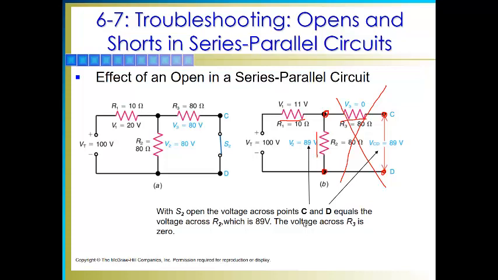Our next exam is going to cover chapters 4, 5, and 6. So please make sure that you do the assignments in the same order. Do chapter 4 first, then chapter 5, and then chapter 6, because 4 is about series, 5 is about parallel, and chapter 6 is about a combination of series and parallel.